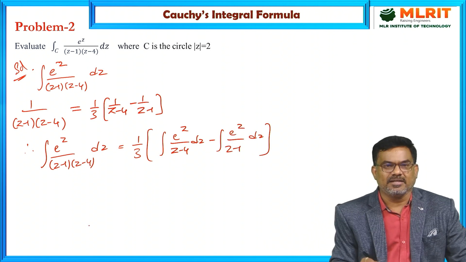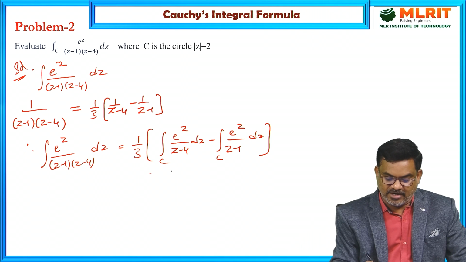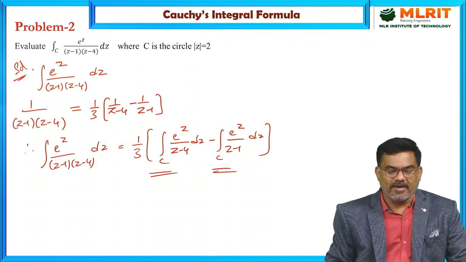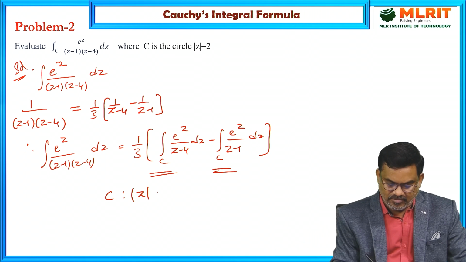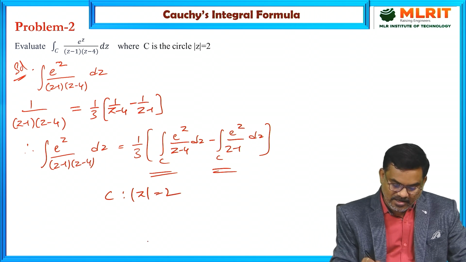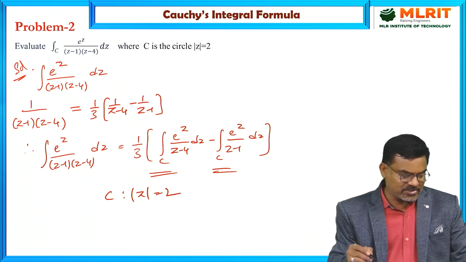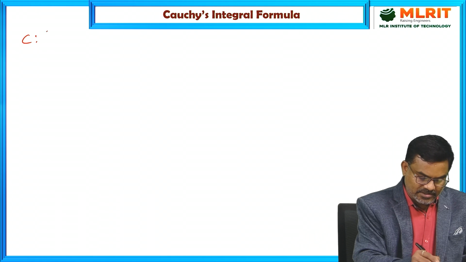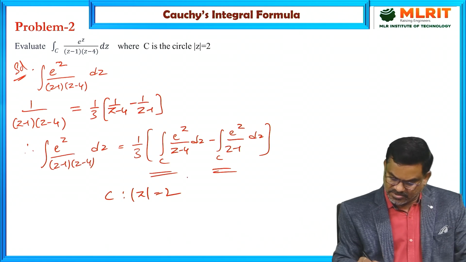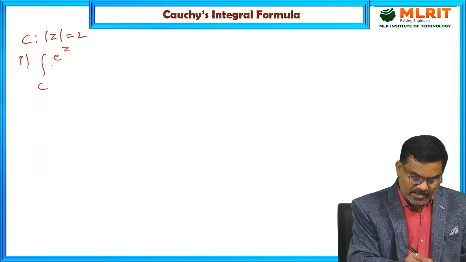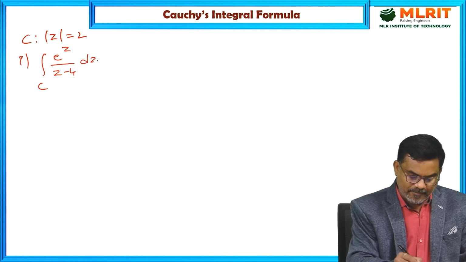So, again we need to evaluate two line integrals along the given curve C. And what is the curve here? C is |z| = 2. First one, the line integral along C of e^z/(z - 4) dz.